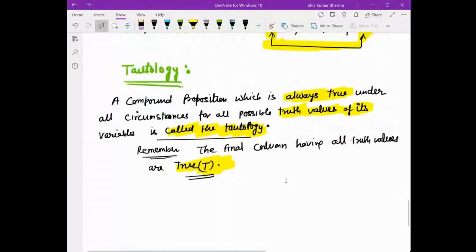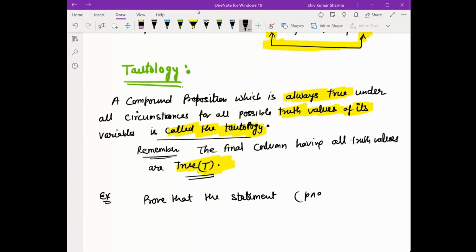So for example, we take one example. Prove that the statement (P and Q) conditional (P conditional Q) is a tautology.